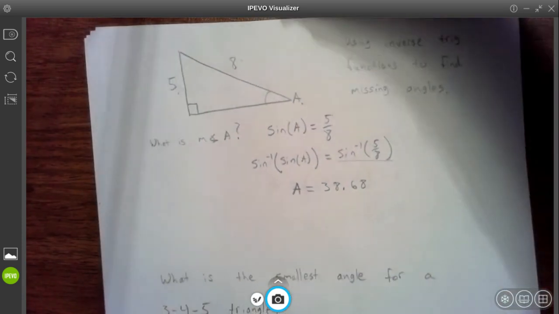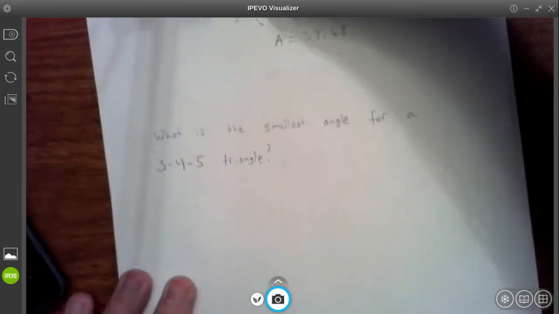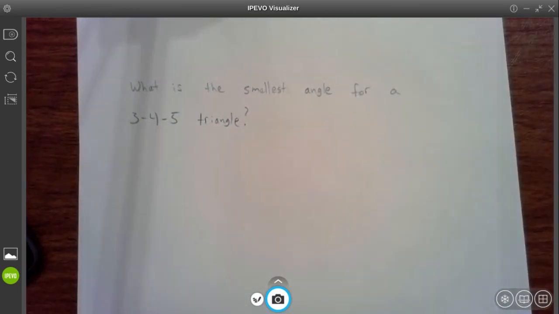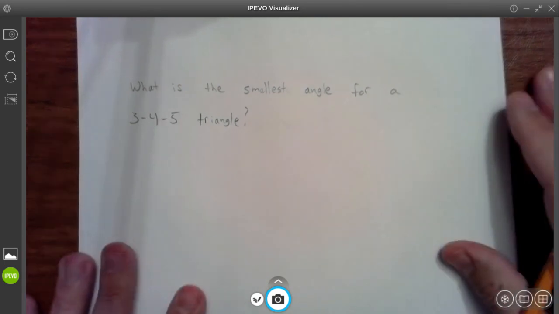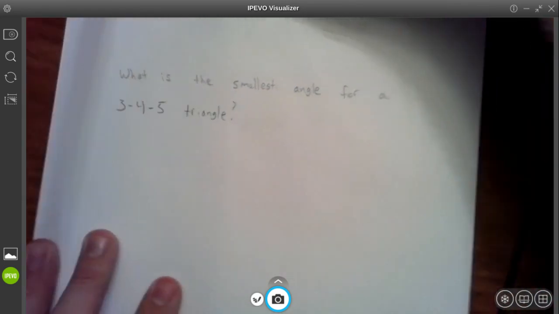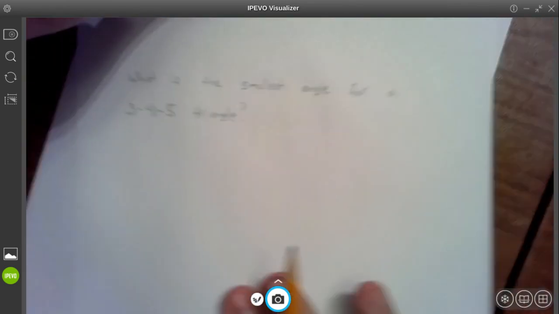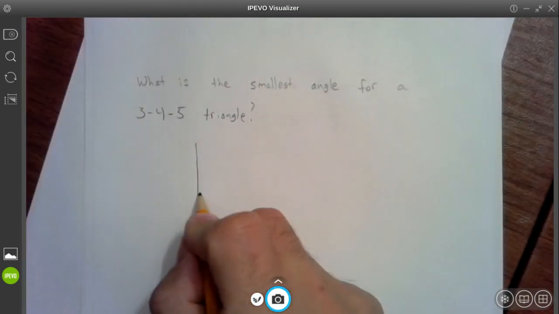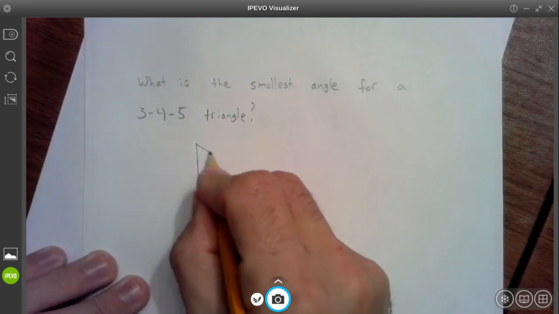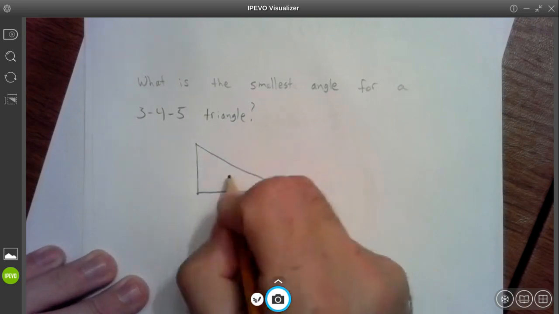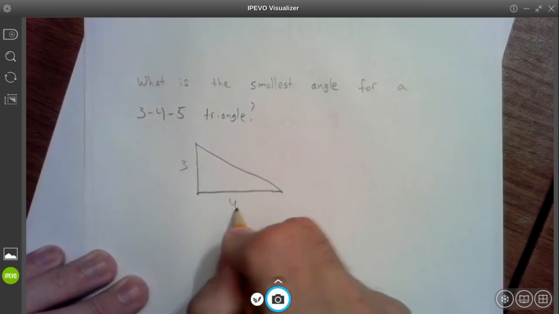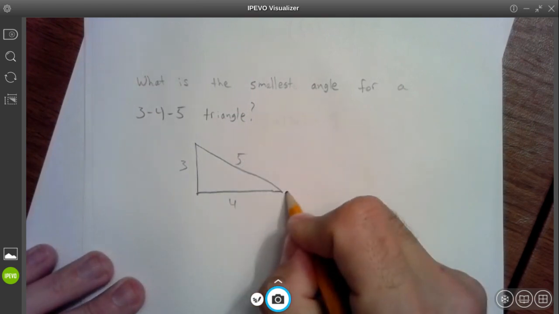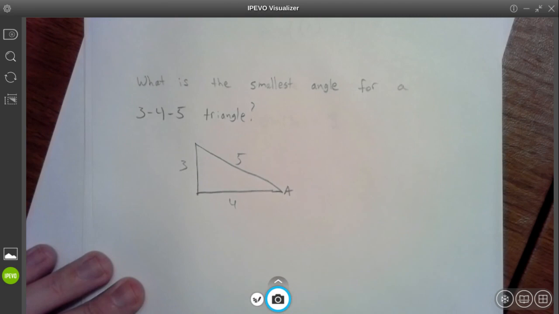What is the smallest angle for a 3-4-5 right triangle? All right, so we've got a 3-4-5 right triangle, and I'm wanting to know this angle right here.